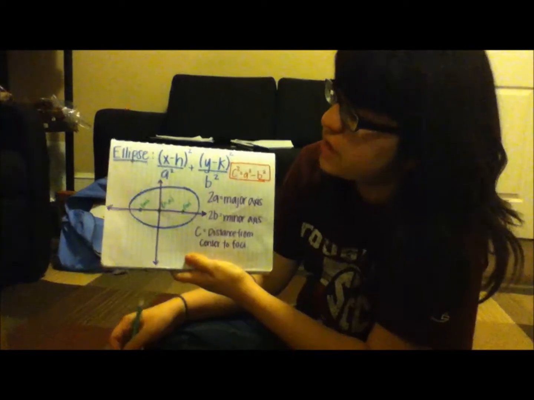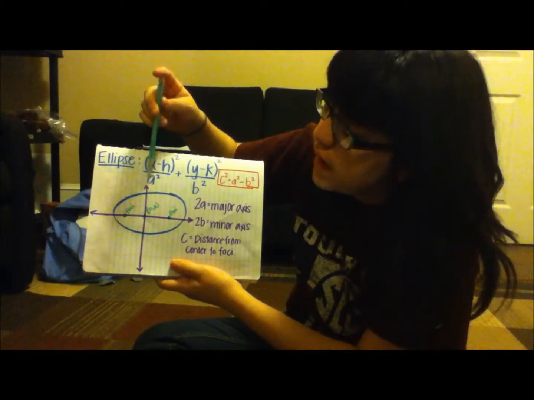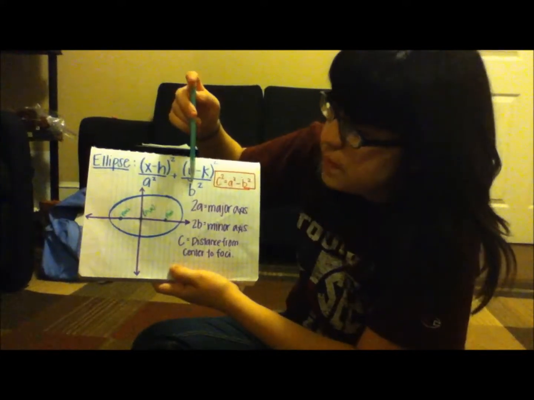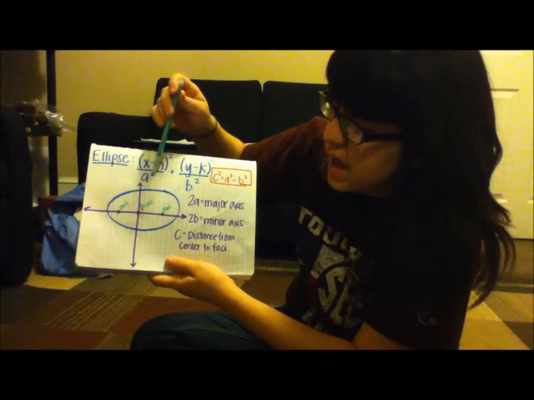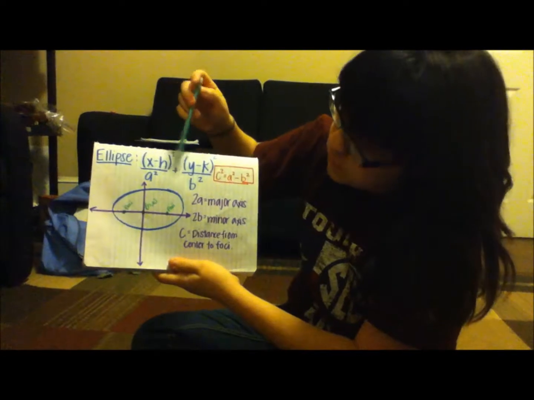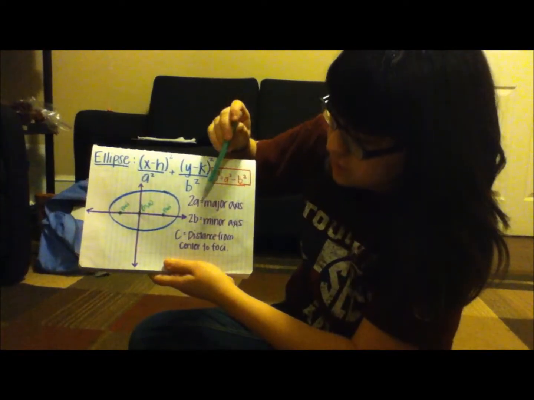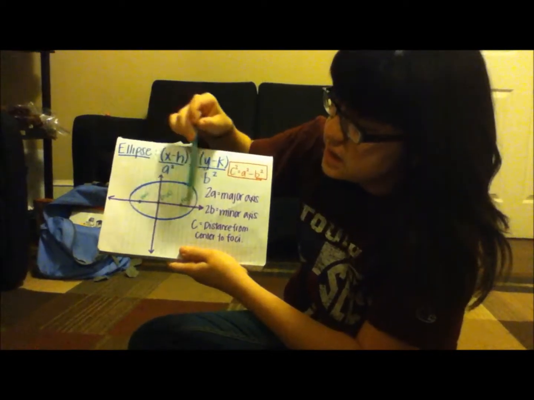The standard equation of an ellipse is x minus h squared over a squared plus y minus k squared over b squared. Now, you might be wondering what h, k, a, and b stand for. Well, 2a is the distance of the major axis, and the major axis is the longest distance in the ellipse.